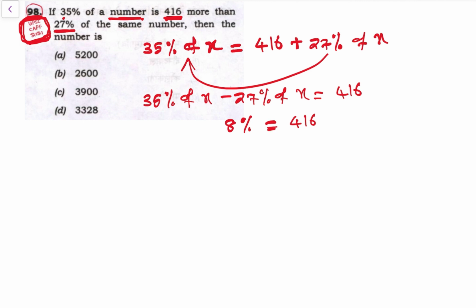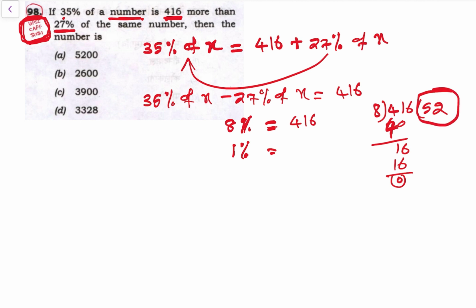Now we know 8%, so we can get 1%. 1% is 416 divided by 8. 8 5s are 40, 8 2s are 16, so 1% is 52, because 416 divided by 8 is 52.